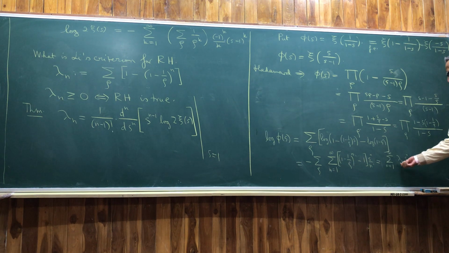What I need is that the lambda n's are appearing here, whether it's lambda n plus 1 or lambda n. When I was doing it this morning, I got lambda n plus 1. Maybe I made a mistake. Actually, this is fine.